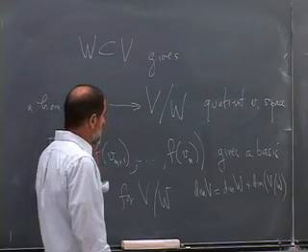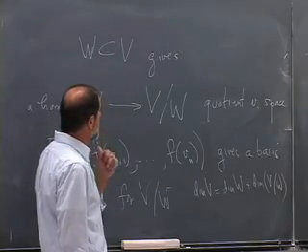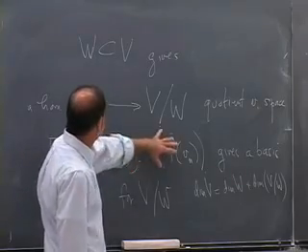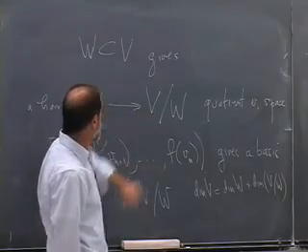Now notice what's going on here. We've really got a subspace of V that's mapping to V mod W.